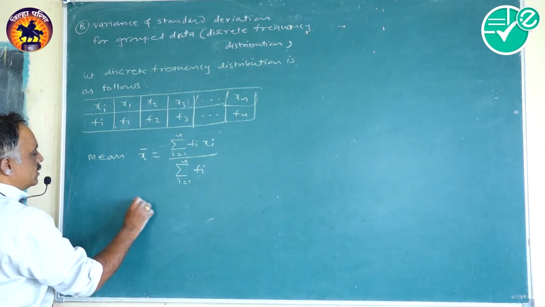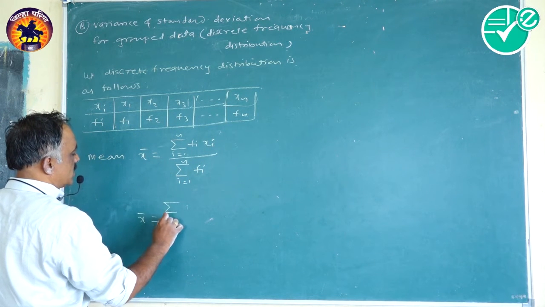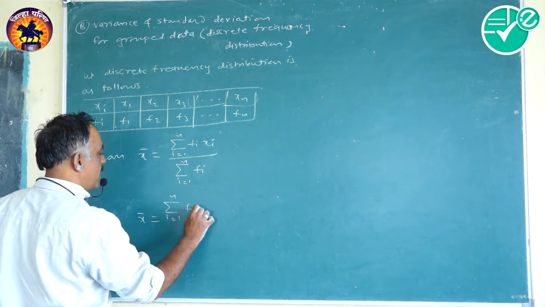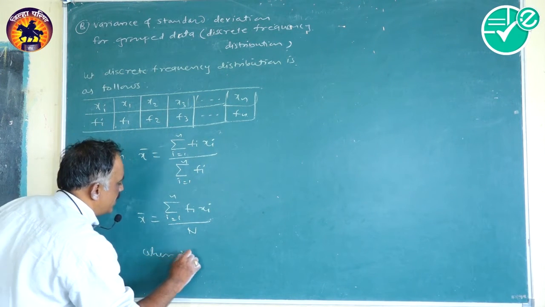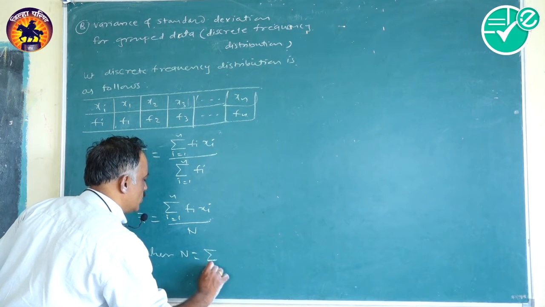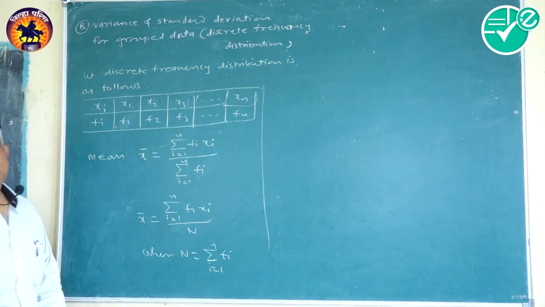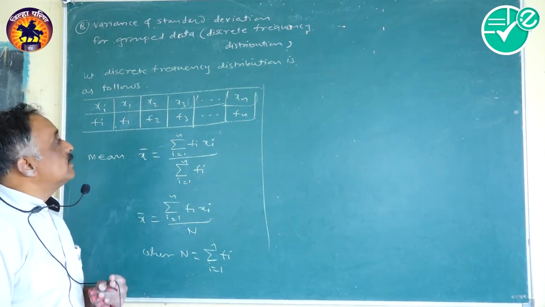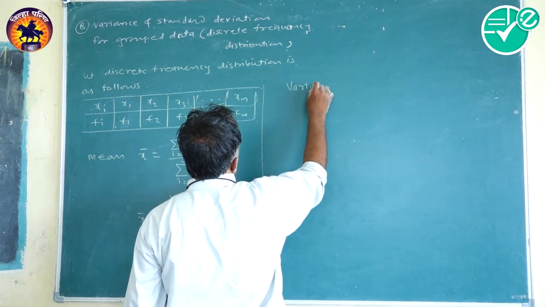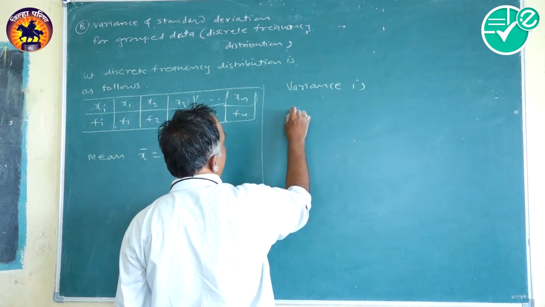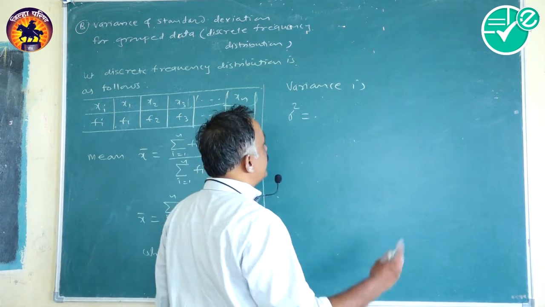And of course, it will be represented as x bar is equal to sigma i equal to 1 to n fi xi divided by capital N, where capital N is equal to sigma i equal to 1 to n of fi. Well, here we get the mean. After getting the mean, it is easy to get the variance. Then variance is denoted by sigma square, and it will be equal to, you know how to get the variance. Very first I will have to find the deviations.